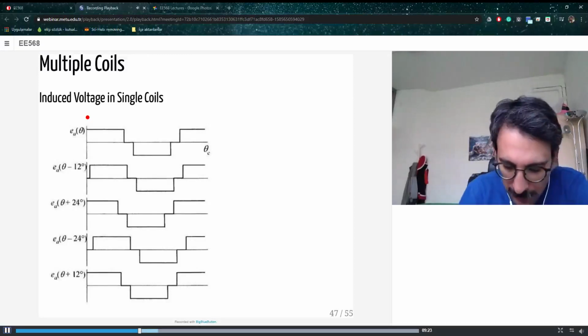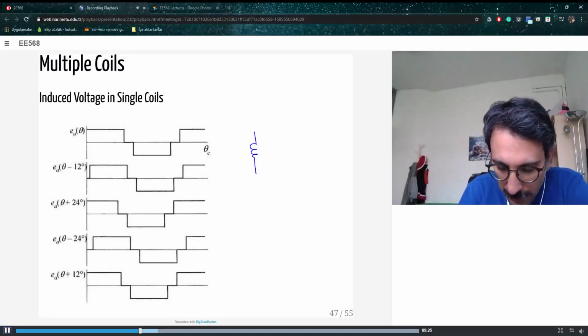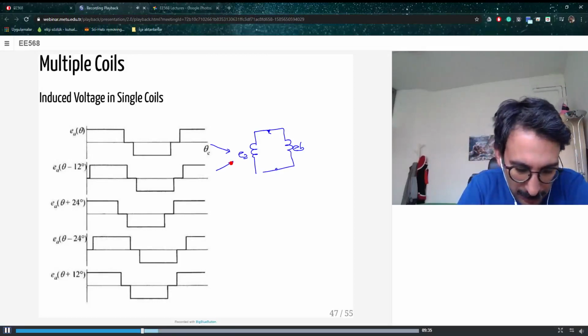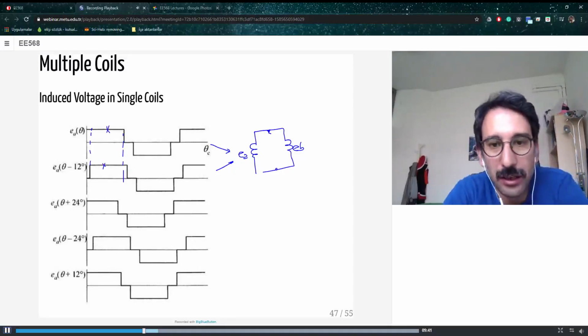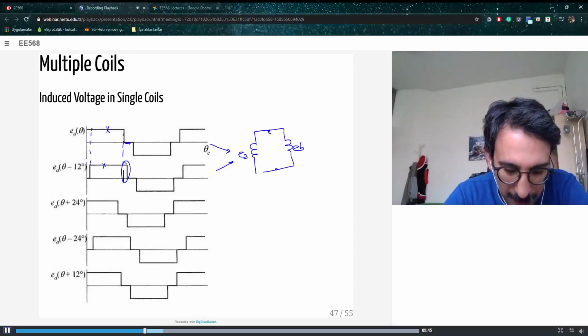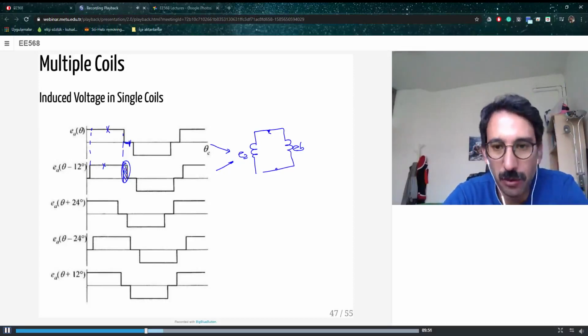Yes. If you connect two coils, let's say this one is EA and the second one is EB, and I connect them, then for maybe that instant it will not be a problem, since both of the voltages are equal. But at another instant, the other one will be 0, and it will try to get some voltage.